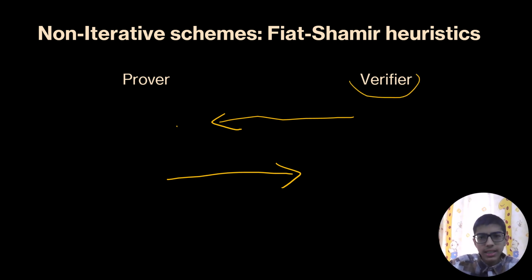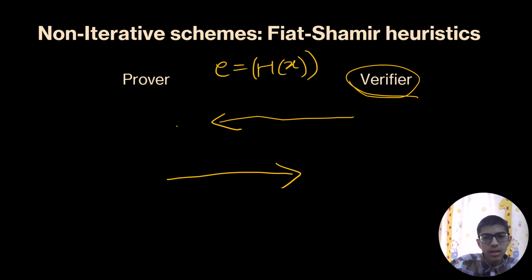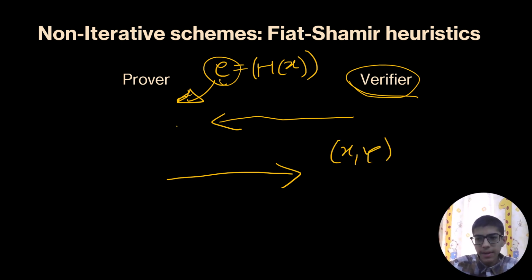But now, instead of the challenge, the verifier just computes the hash of some x, and this serves as the challenge for the prover. So the final proof consists of x and y. E can be recomputed by the verifier, and so there is just a single proof, such that he can verify x and y against E.